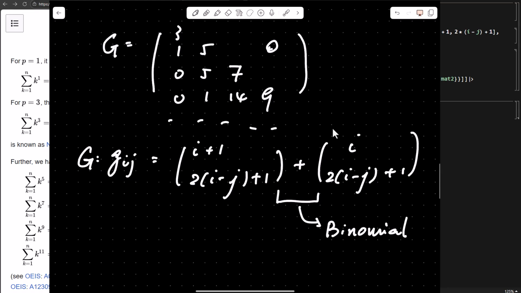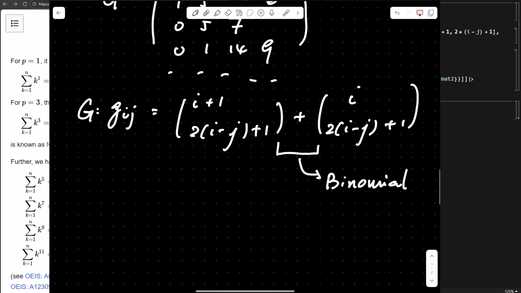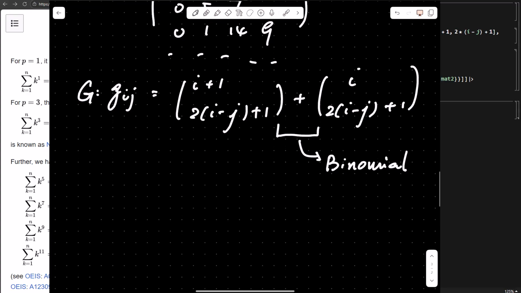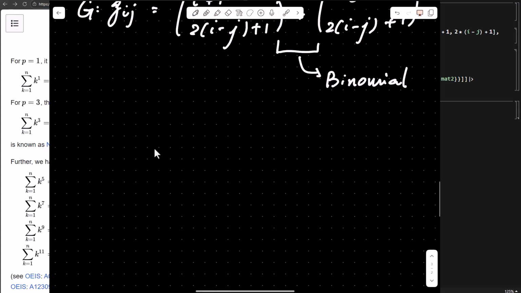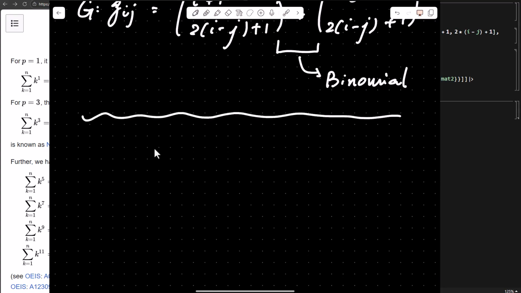Okay, and what's so interesting is there is a relation between F and G. The G matrix can be computed directly from the F matrix.